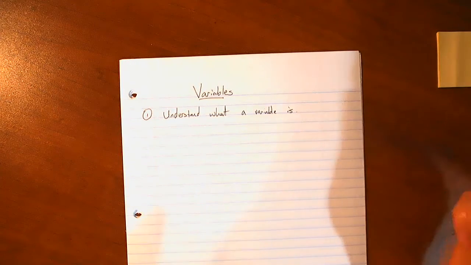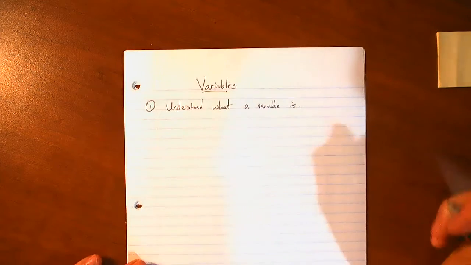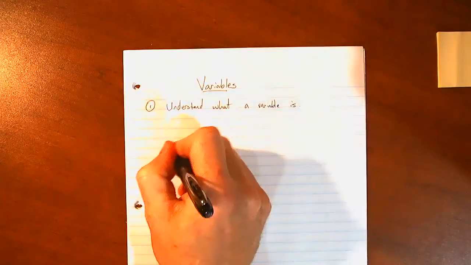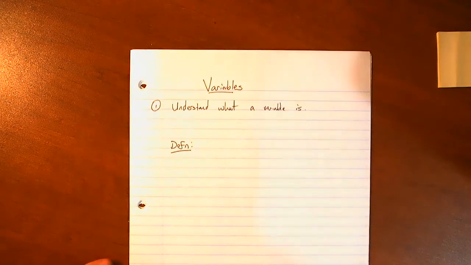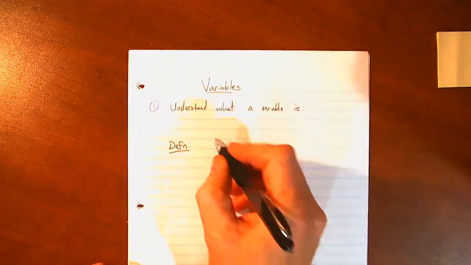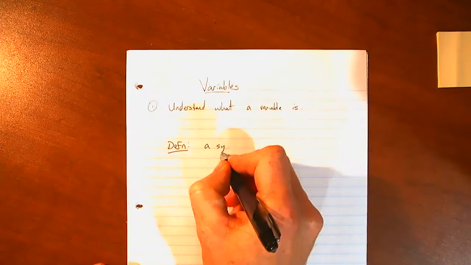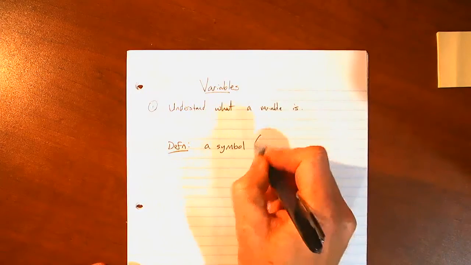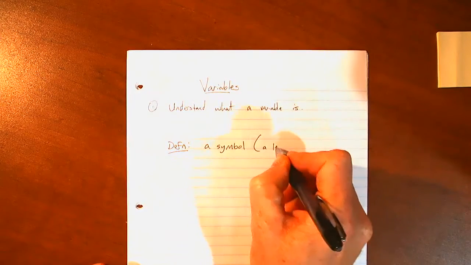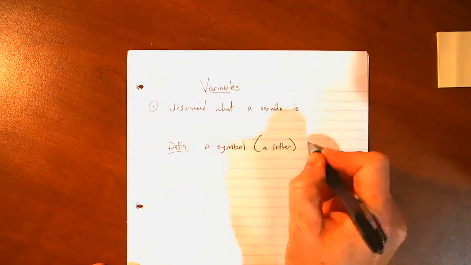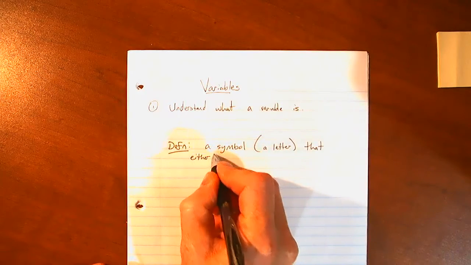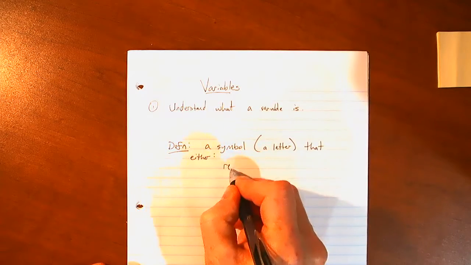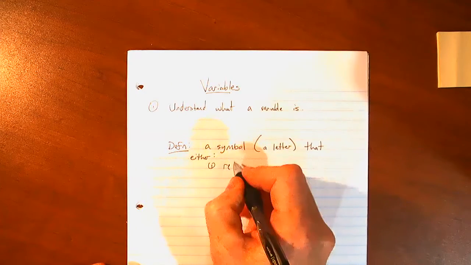a variable is. Okay, so a variable, quite simply, as far as algebra is concerned, in algebra, a variable is a symbol, usually a letter, that either represents something that changes.